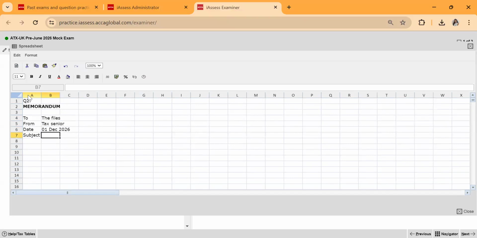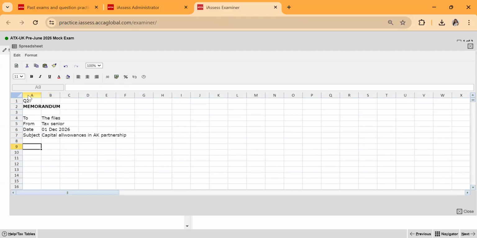And the subject is capital allowances in AK partnership. Done, so we are done with the basic pro forma.